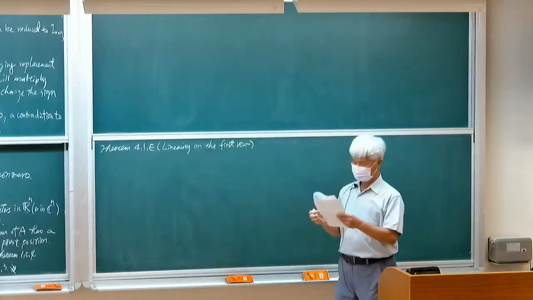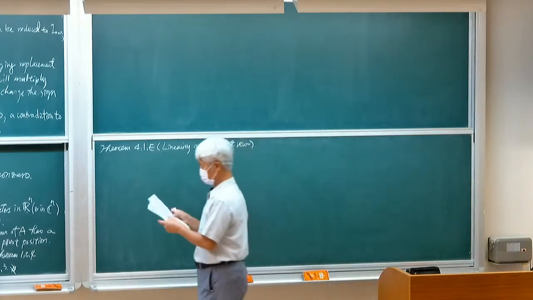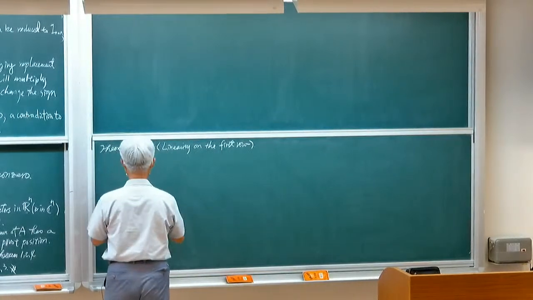Right? So now we will show linearity of the determinant function on the first row.